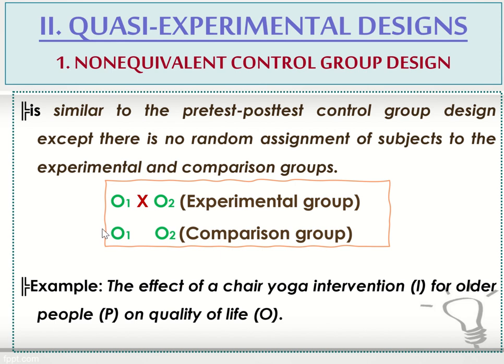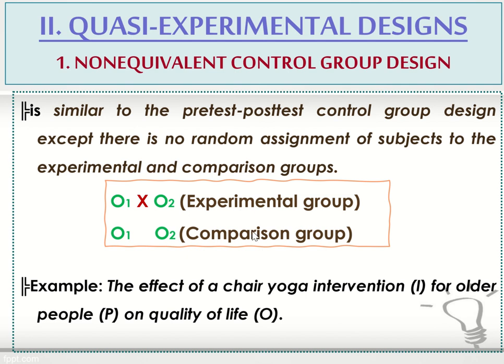Pero since non-equivalent control group design ito, so walang R tayong makikita. Wala tayong random assignment or randomization sa ating mga subjects to one of the group, either experimental or sa comparison. Okay, so hindi tayo nag-assign randomly. So, ayun, yun lang yung pinagkaiba.